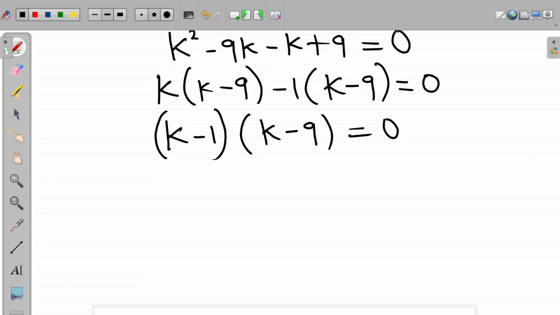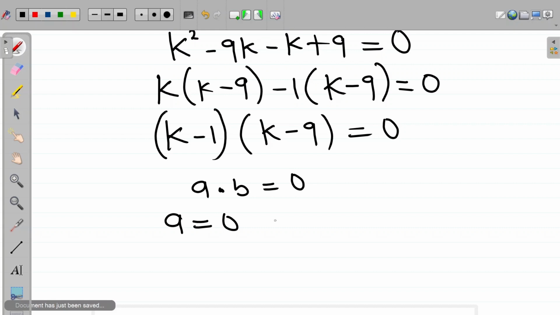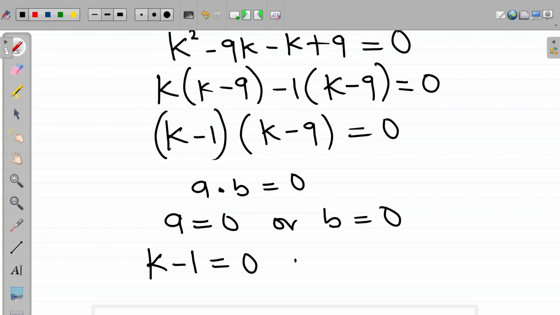First, we establish that if a multiplied by b is equal to 0, it is true that a is equal to 0 or b is equal to 0. Therefore, we now have that k minus 1 is equal to 0 or k minus 9 is equal to 0.